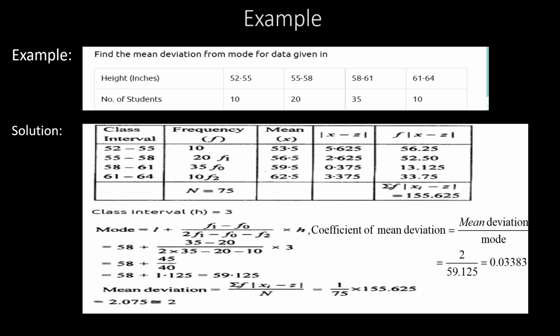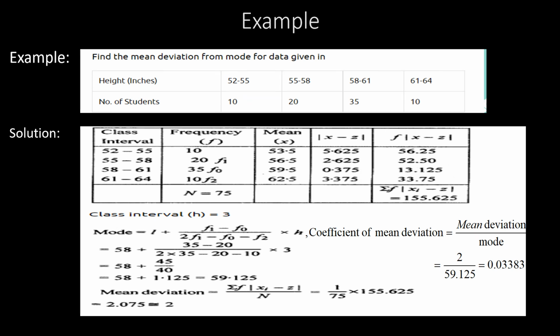To find the modal class, first of all, we have to find the highest value of frequencies. Here it is 35. So the corresponding class is called the modal class, and the corresponding lower limit, 58, is L here.